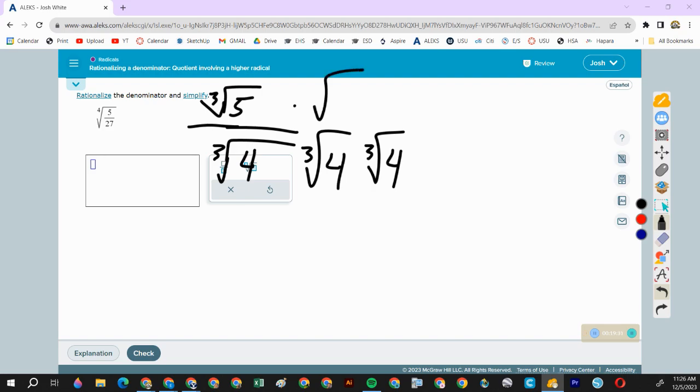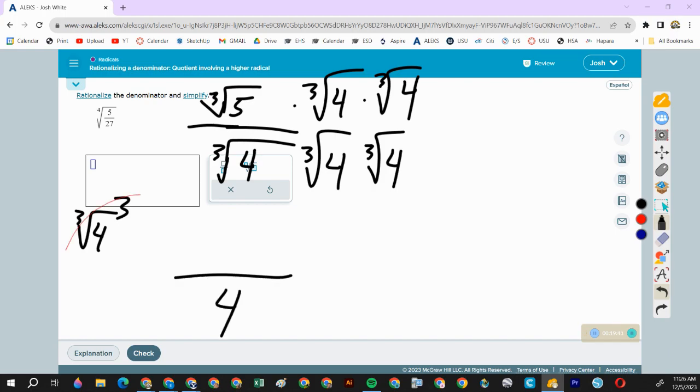So on top, I have the 3rd root of 4 times the 3rd root of 4. The bottom is the 3rd root of 4 to the 3rd, so that cancels. So I get 4. And then on top, I get 20 times 4 is 80, the 3rd root of 80.